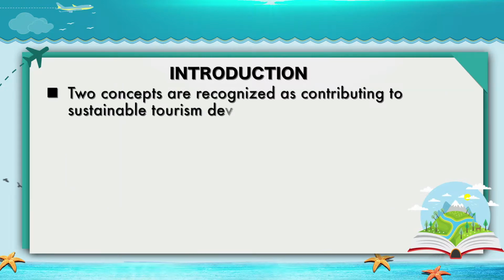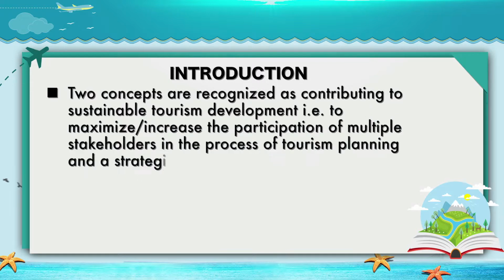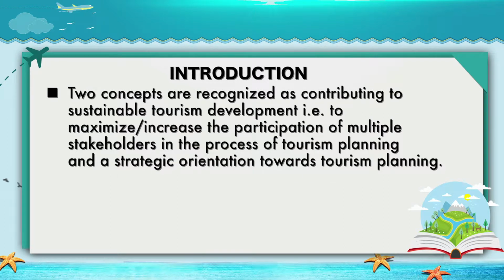Two concepts are recognized as contributing to sustainable tourism development: for example, to increase the participation of multiple stakeholders in the process of tourism planning and a strategic orientation towards tourism planning.